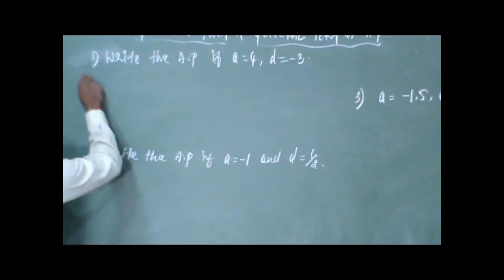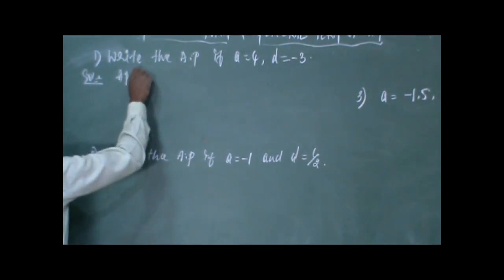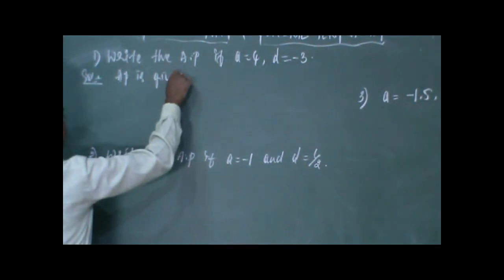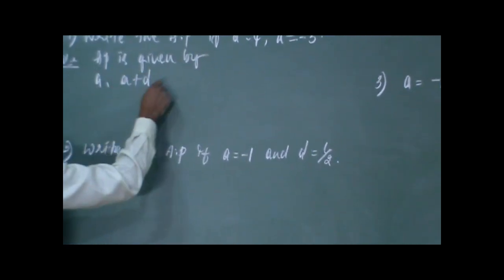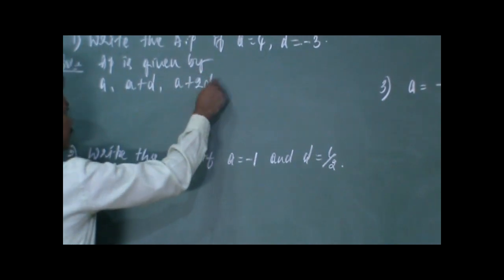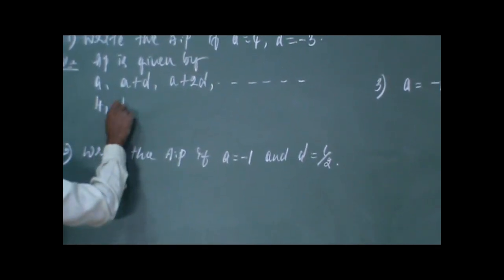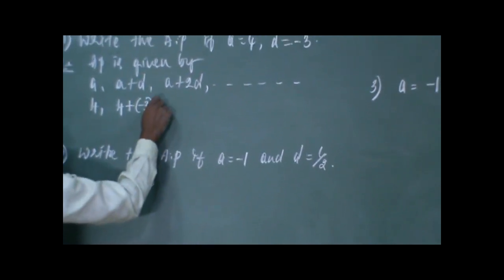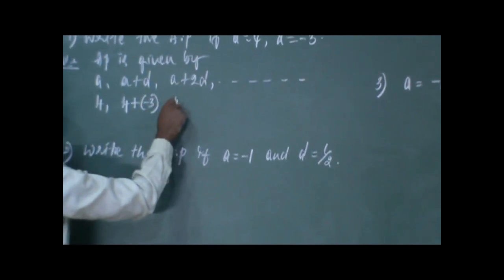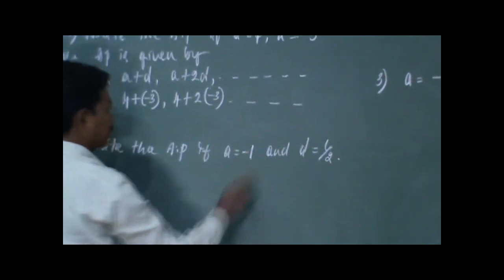So the general form of AP is A, A plus D, A plus 2D, and so on. Here A is 4, write 4. A is again 4, plus D is minus 3, keep it inside brackets, comma, A is 4 plus 2 into D, again minus 3, it continues.